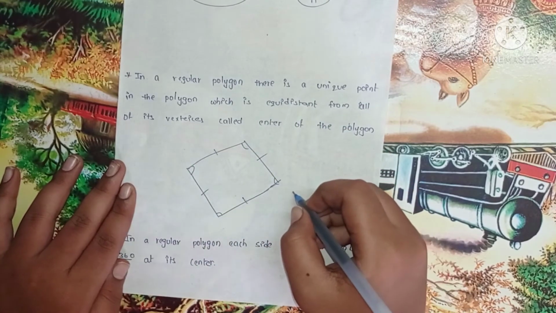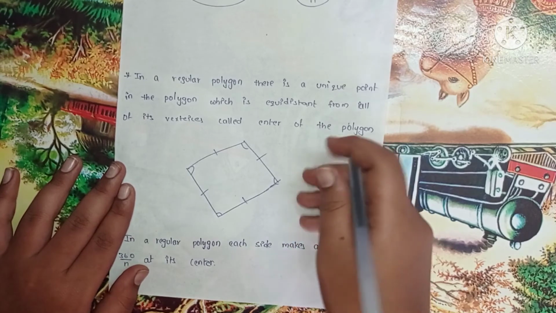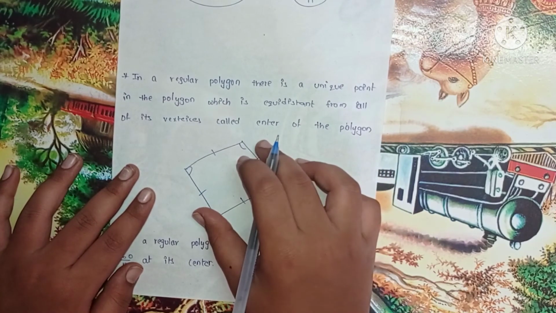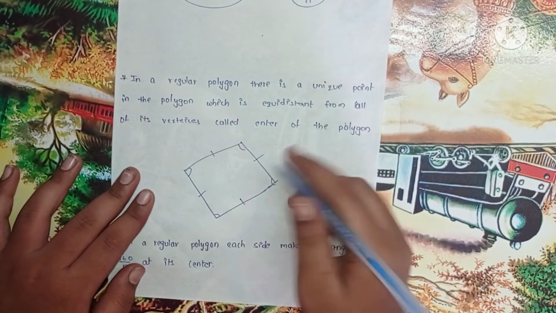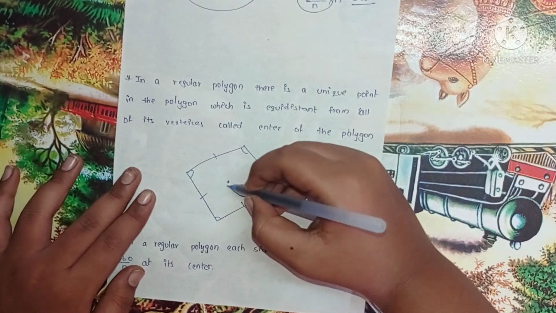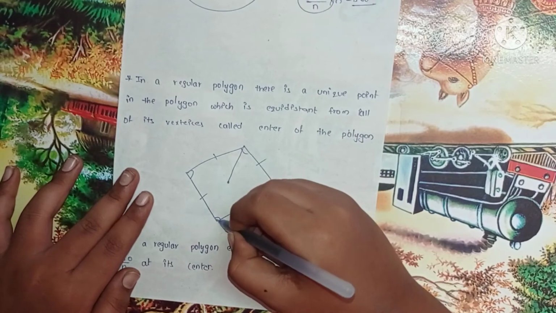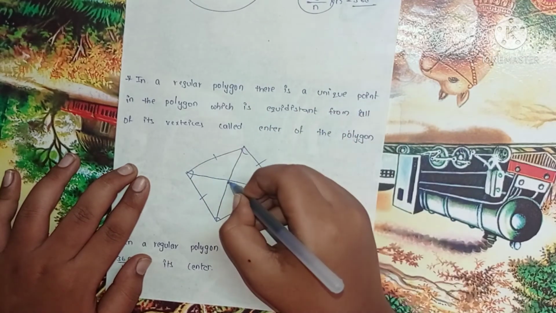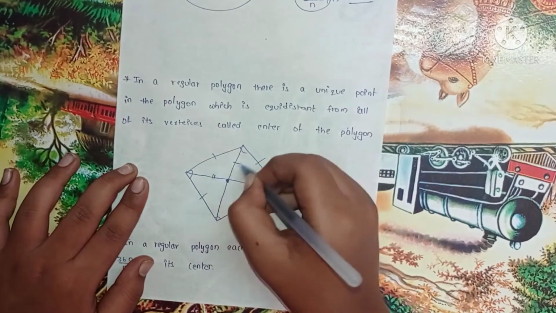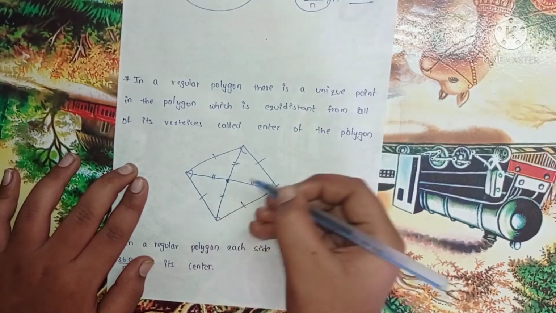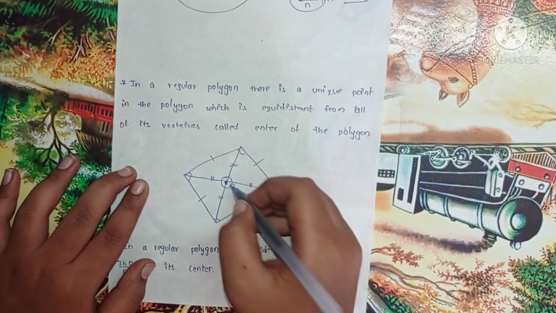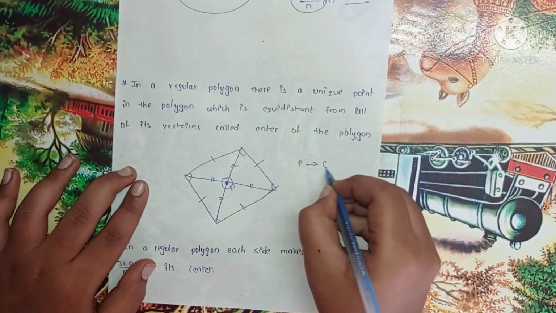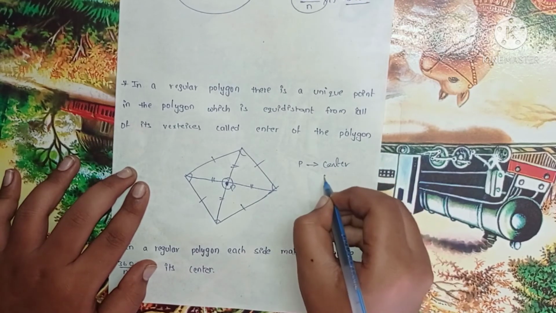There is a unique point in the interior of a polygon which is at equal distance from the vertices, and it is known as the center of the polygon. When we draw line segments from that point to all the vertices, it is equidistant from all the vertices. Let us take this point P. P is the center of that polygon.